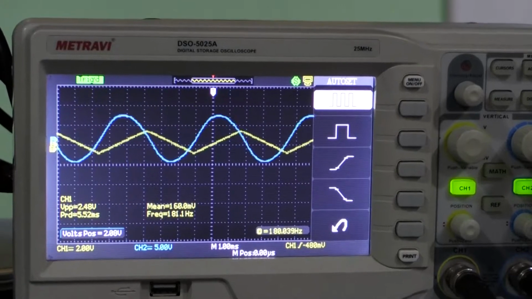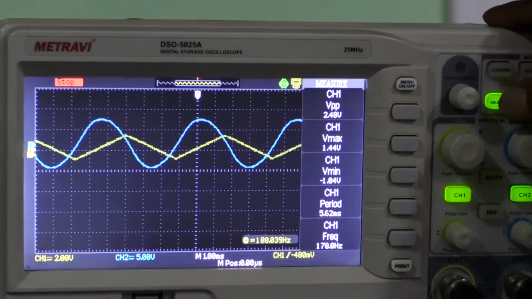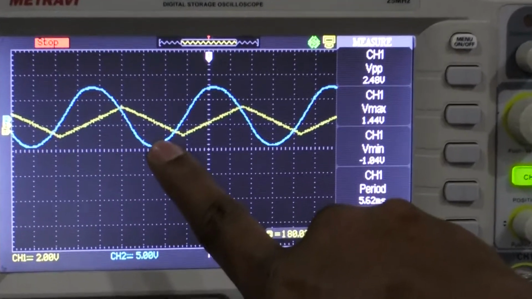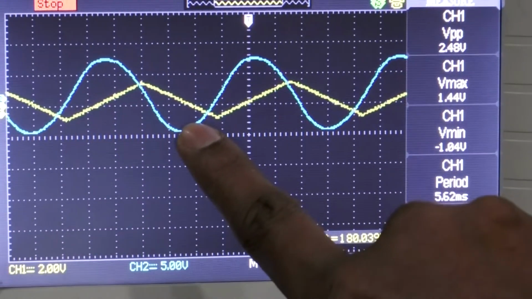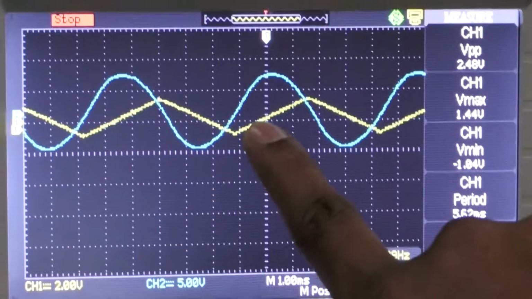See here, this is the input signal, and by using this input signal, we will get the staircase signal.